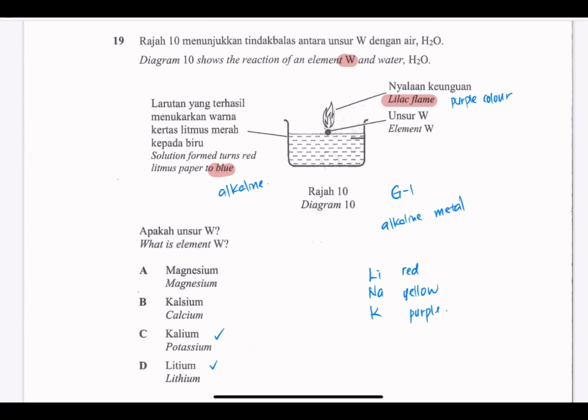So W should be potassium. This is a group 1 reaction and is quite popular in KBSM. You have to memorize the colour of the flame.